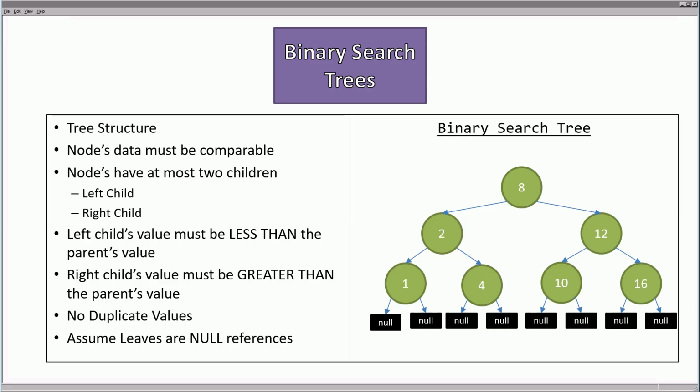The left child's value is always less than the parent's value. The right child's value is always greater than the parent's value, and there are no duplicate values. Also, for our definition, we're going to assume that leaves are the null references.